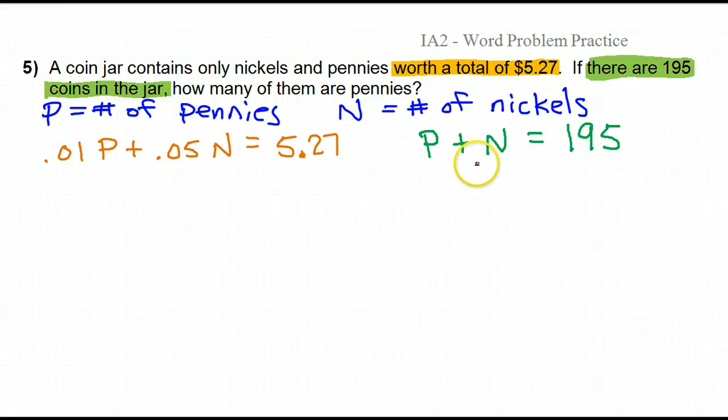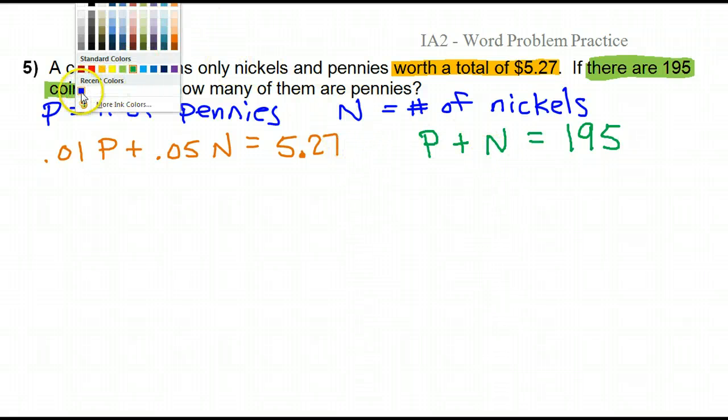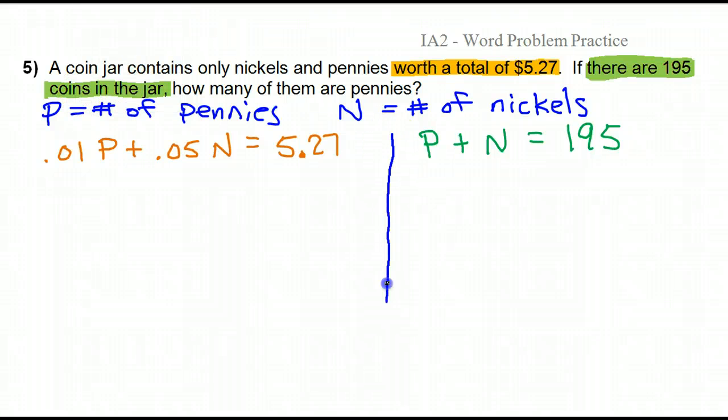I think I will just do substitution. There are ways I could do elimination, but I'm just going to do substitution on this one. Now, I want to find the number of pennies. So in that case, I'm going to actually get n by itself, and you'll see why in a second. For substitution, I have to get one variable by itself.